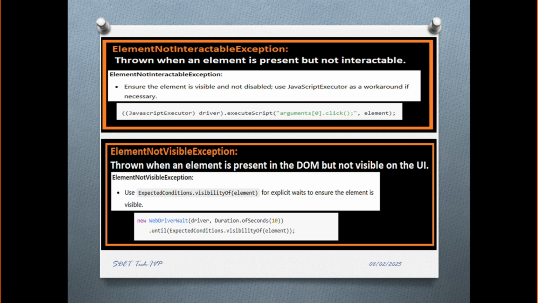Okay, the next exception is element not visible exception. It is thrown when the element is present in the DOM but not visible on the UI. DOM means document object model. The element is present in the DOM but it's not visible on the UI part. So in that case you also use explicit wait, but in the explicit wait you have to use the method visibility of element, expected conditions dot visibility of element.